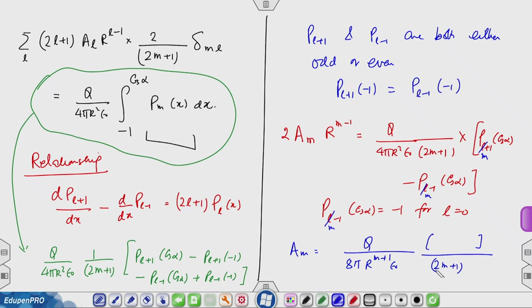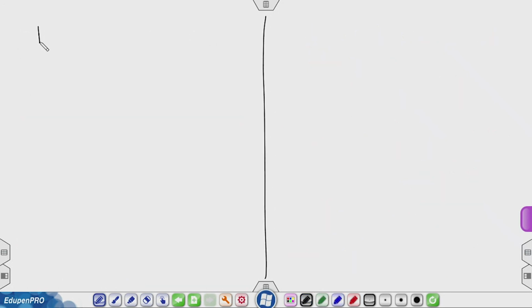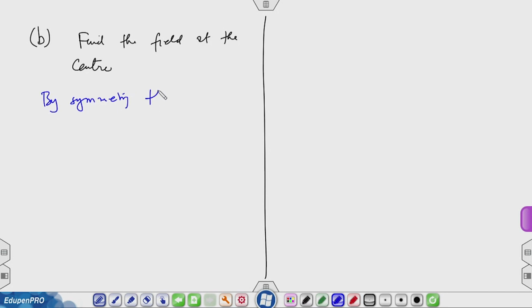In part B, find the field at the center. Now, you can see that by symmetry, there is going to be only r component.